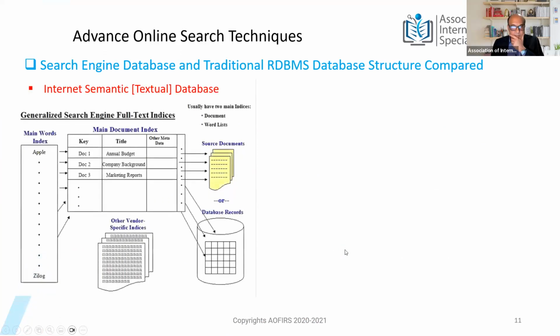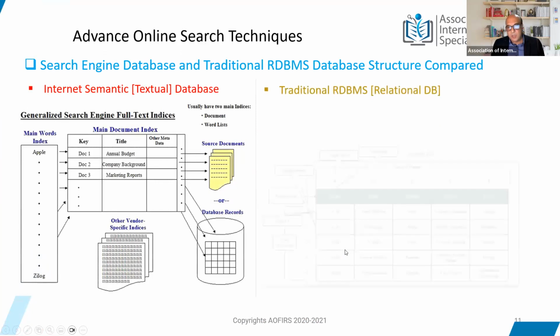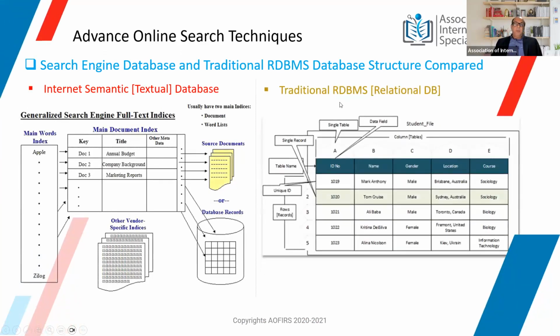Here is a differentiator. I think it is just a repeat of the same. So, not to make it look too complex, here is an RDBMS shown as an illustration. And on the left-hand side, there is this semantics or textual database.